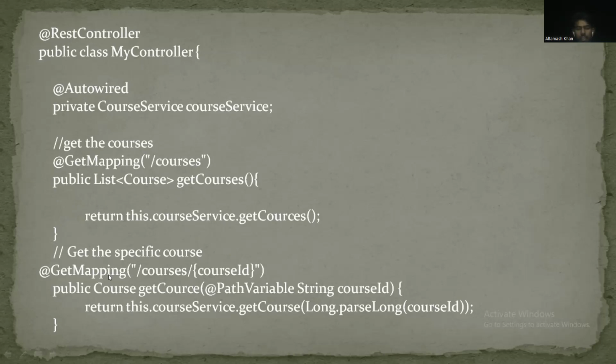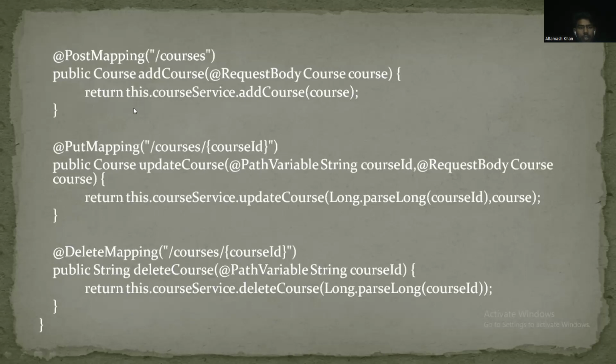And second, this is another GET mapping, in which we pass courses and course ID along with it. And it calls the get course function from the course service class. And then there is the POST mapping, in which we pass slash courses, and it runs the add course method, which is in course service.